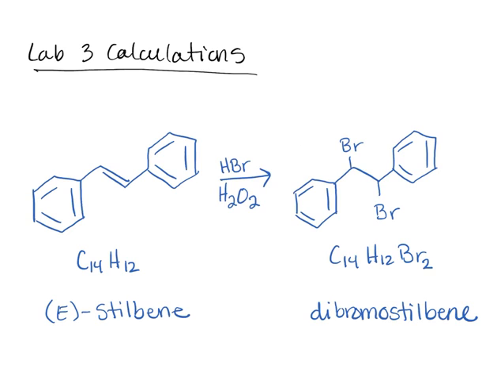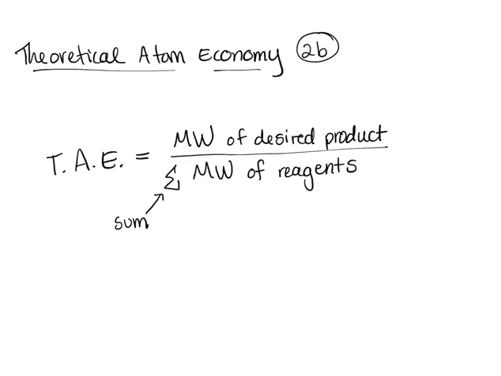Now we just have to figure out the mass of HBr and the mass of H2O2. So let's just write here, we're going to use the mass of E-stilbene, HBr, and H2O2 and add them all together. All right, so that's not too bad.